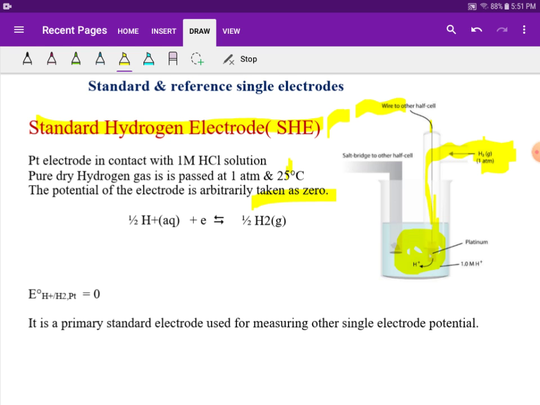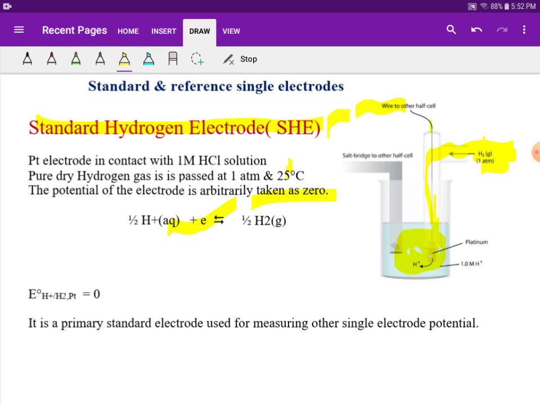The single half electrode reaction involved in a hydrogen electrode is H plus aqueous plus electron reversibly gives half H2. Remember, the electrode reaction is always presented in terms of reduction.